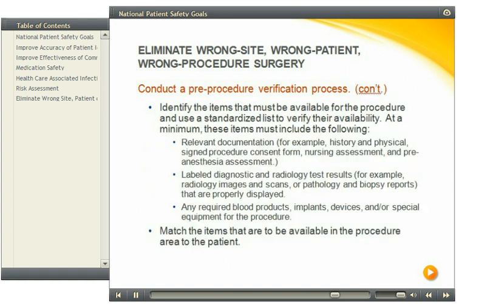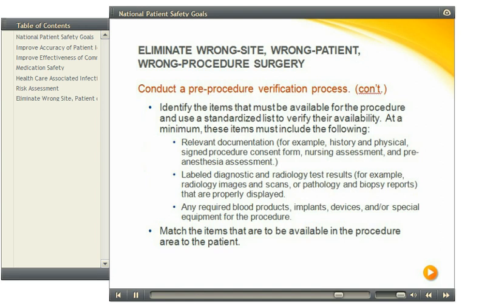Identify the items that must be available for the procedure and use a standardized list to verify their availability. At a minimum, these items must include the following: relevant documentation. For example, history and physical, signed procedure consent form, nursing assessment, and pre-anesthesia assessment.